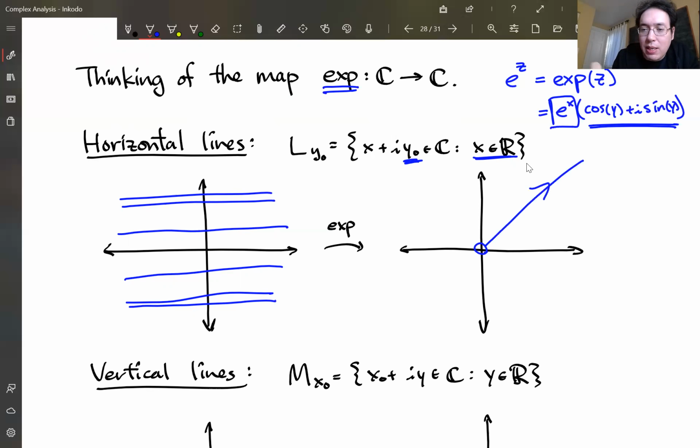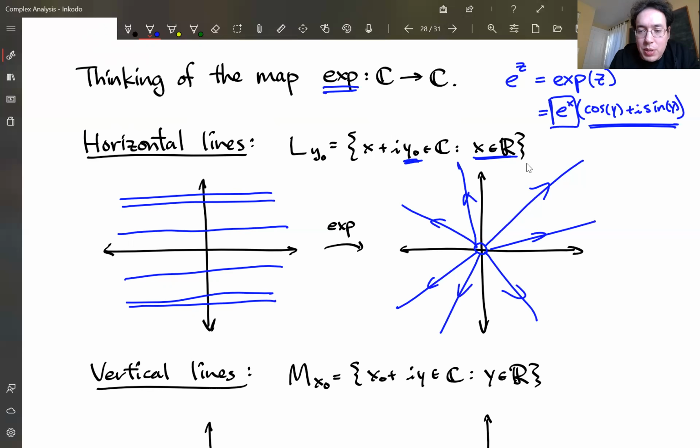So you might get something like this. And this is a particular angle, why not? But with different angles, it's going to look like rays coming out from 0. It doesn't actually hit 0, but all horizontal lines will look like rays coming out of the origin. I hope that made sense.